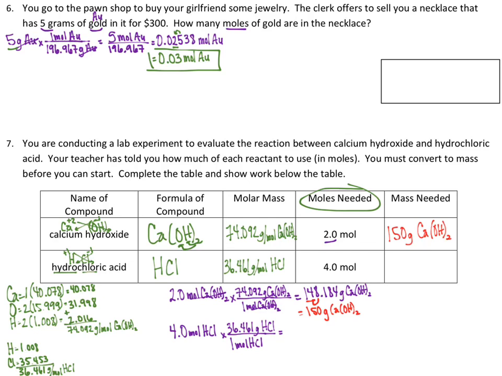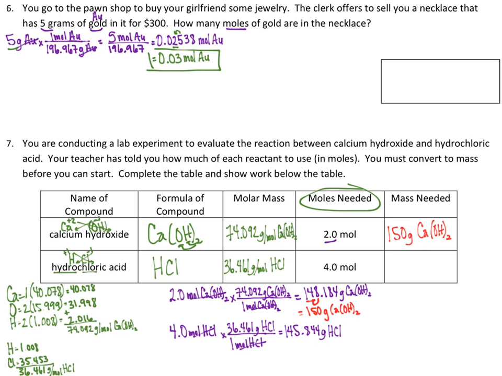I'm happy with grams, so I can write my equal sign. I cancel out my moles, and I multiply my numerators. 4.0 times 36.461 gives me 145.844 grams of HCl.